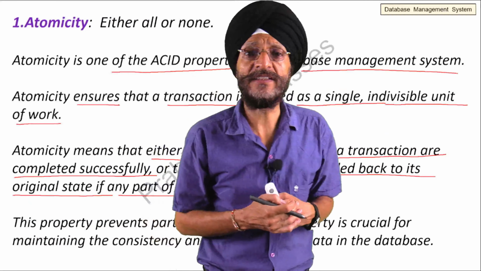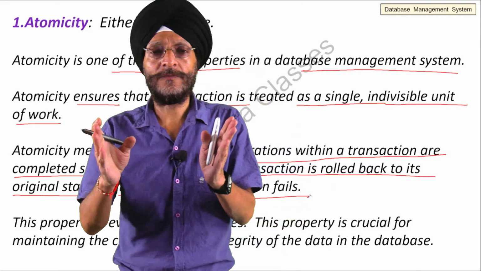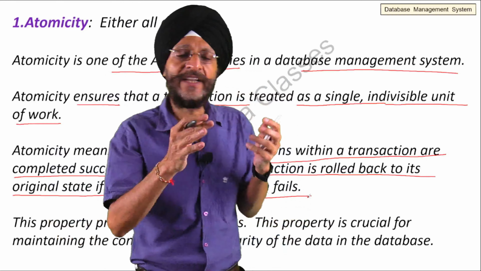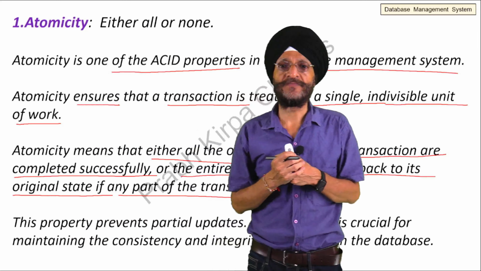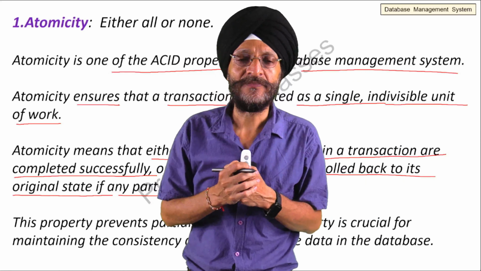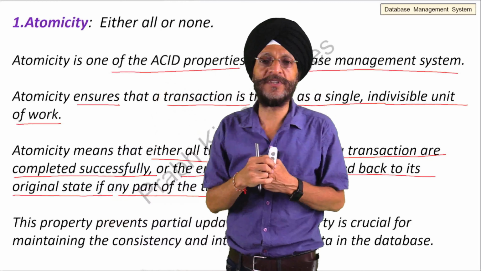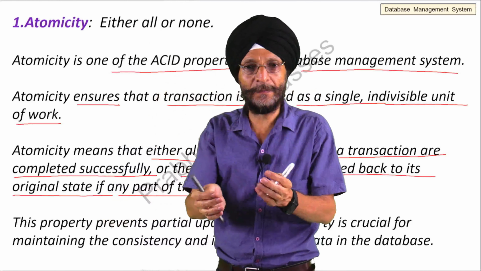We try to understand the same with the help of an example. Suppose you go to an ATM machine to withdraw money. You have to perform many steps. First, insert the card. Then you may be asked to select your preferred language. You may be asked for your PIN.